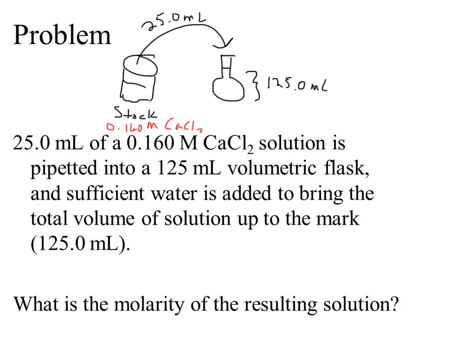So this one over here on the right is my diluted solution. I'm setting up the problem. And the word aliquot, I love the word aliquot. So that's the 25.0 milliliter aliquot of stock transferred to this waiting volumetric flask.